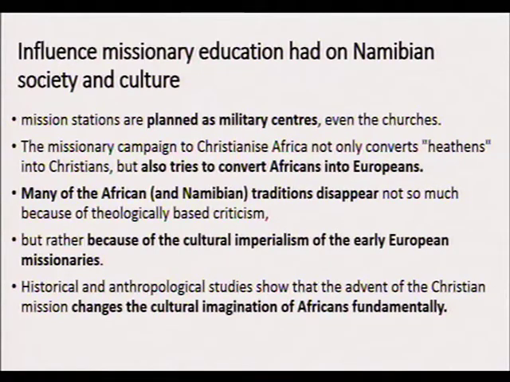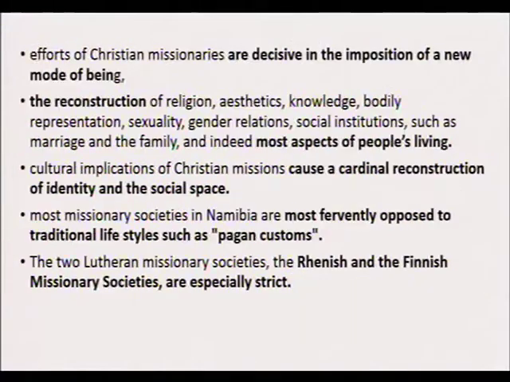That caused many of the African traditions to start to disappear, not so much because of theologically based criticism, but rather because of the cultural imperialism of the early European missionaries. Historical and anthropological studies show that the advent of the Christian mission changed the cultural imagination of the Africans fundamentally.